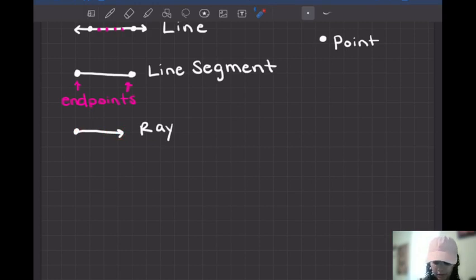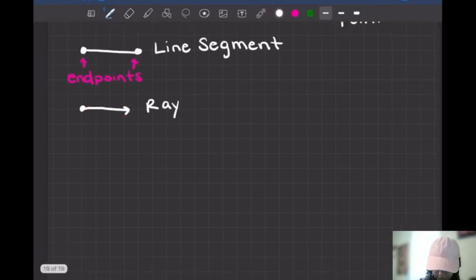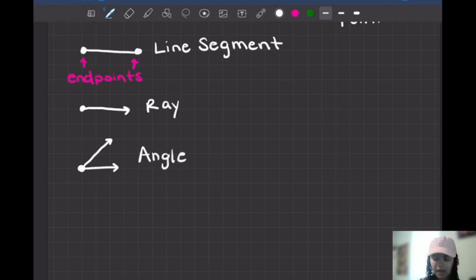An angle has two rays that are connected by a common endpoint. Then over here, let's pick another color, this has some kind of measurement.